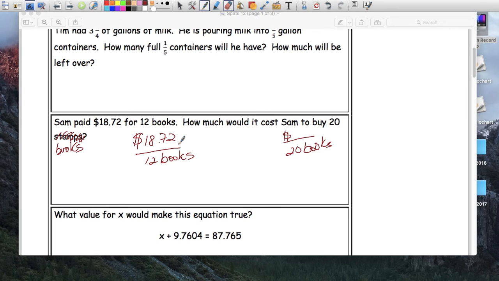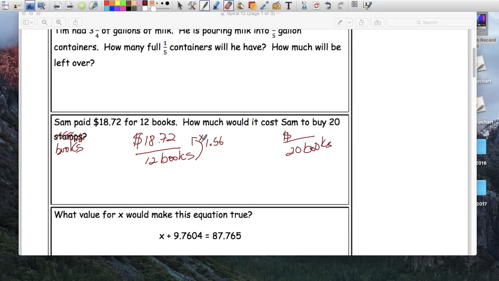If you have a calculator, you could have done that, because we're always finding unit rate, but we can find an up and down relationship. So, let's see, 18.72 divided by 12, and it's a decimal relationship, but there is one.